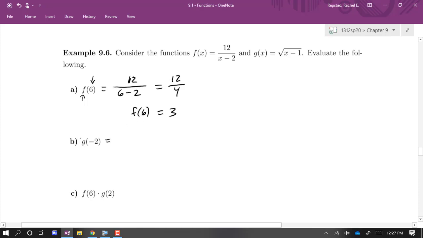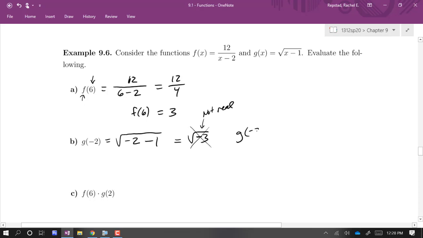G of -2 says I'm going to use the g function and I'm going to plug in -2, so that is the square root of -2 minus 1, which is the square root of -3. And in this chapter, if we're really considering just real valued functions, we would say that g of -2 does not exist, right? Because this is not real.